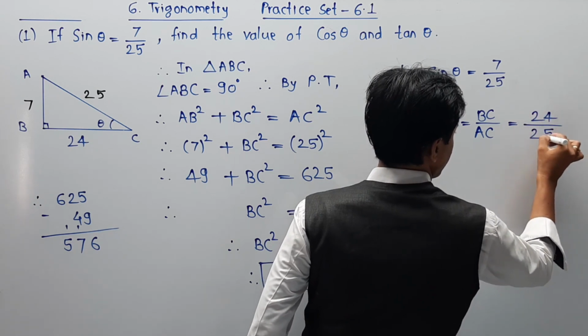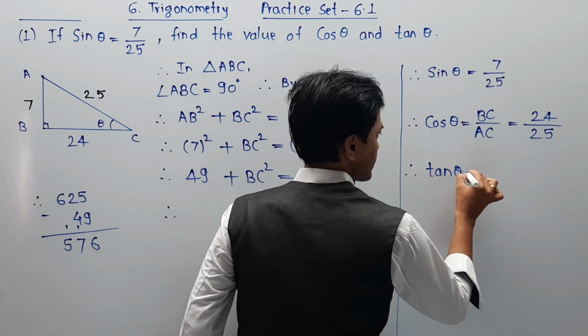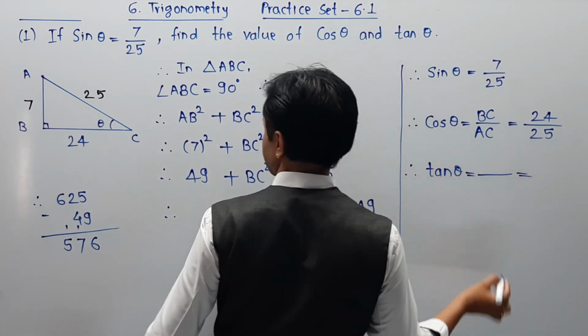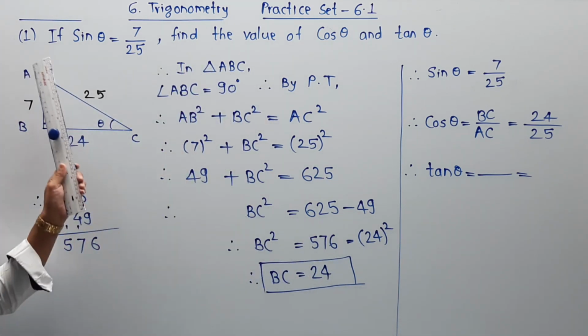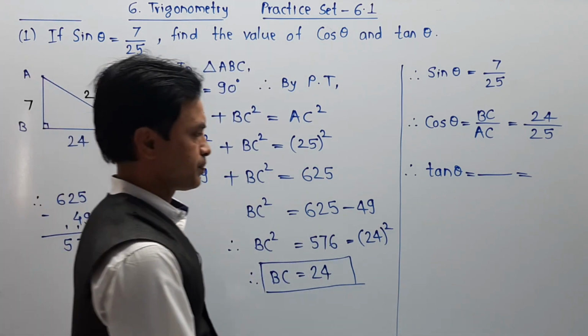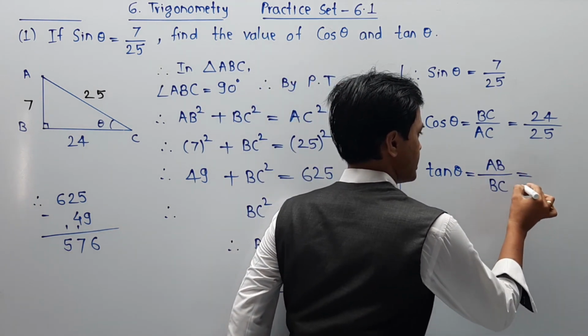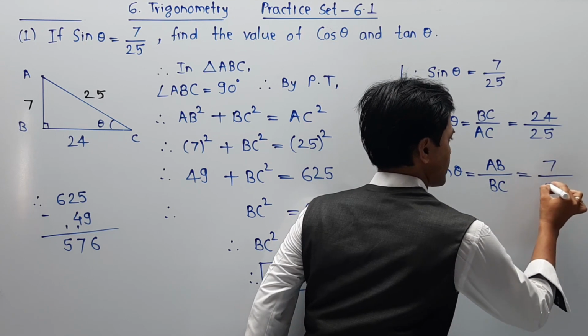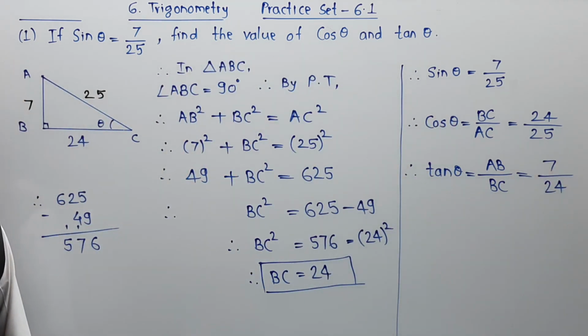And the last value is tan theta. According to the diagram, tan theta is opposite side upon adjacent side, means AB upon BC, and that becomes 7 upon 24. In this way, you can solve this numerical.